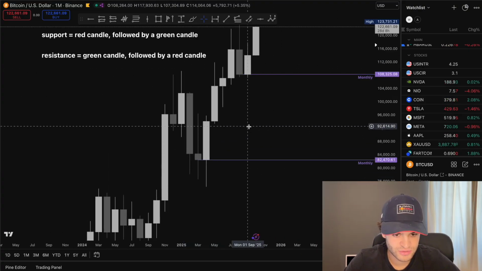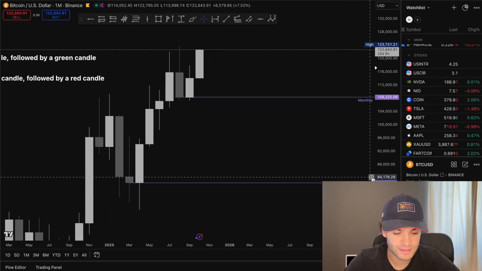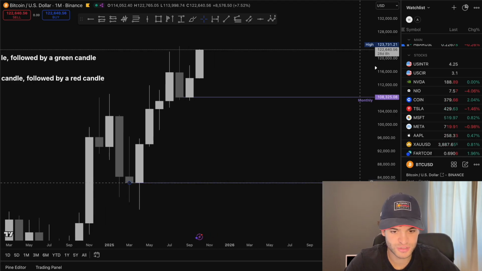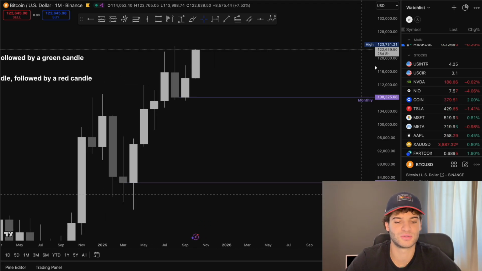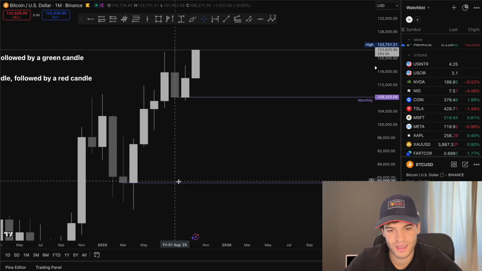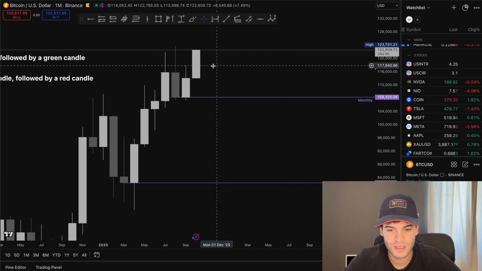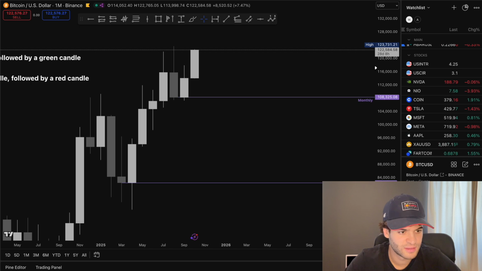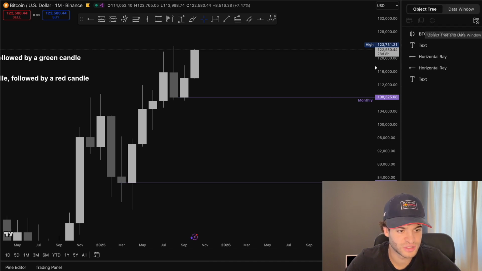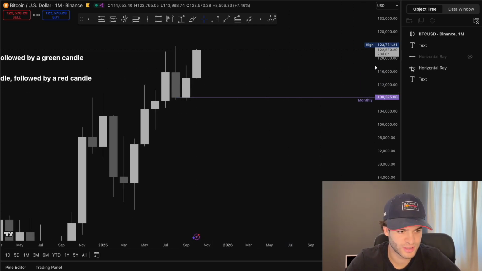Also, another thing that I want to note, of course, price action is very far from this monthly level here. We don't really need this monthly level on our charts because we don't really expect price to go back to $82,000 anytime soon. So it's not very relevant at the moment, but we can just keep it on the graph for future reference. For example, as I've shown you before, you go into your object tree and you can just hide it and keep the most relevant levels that are closer to our price action.